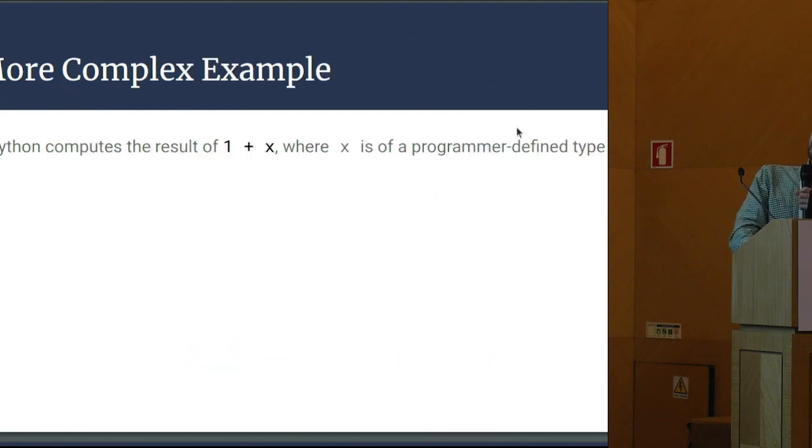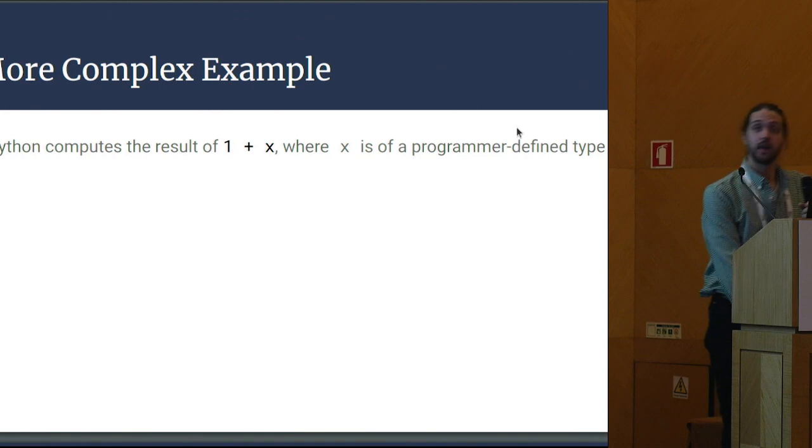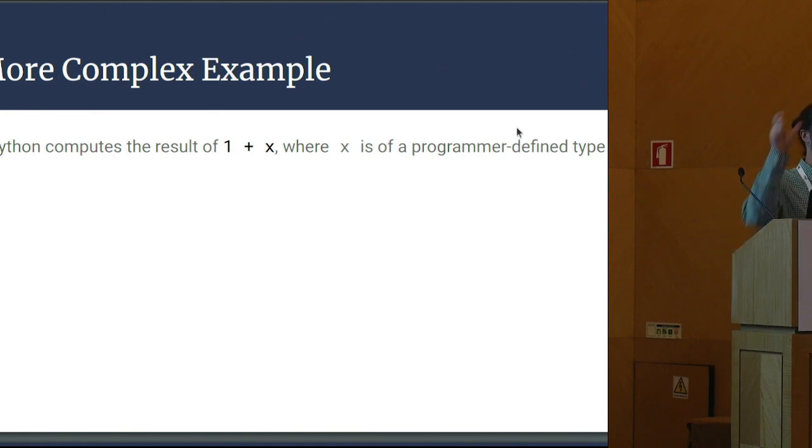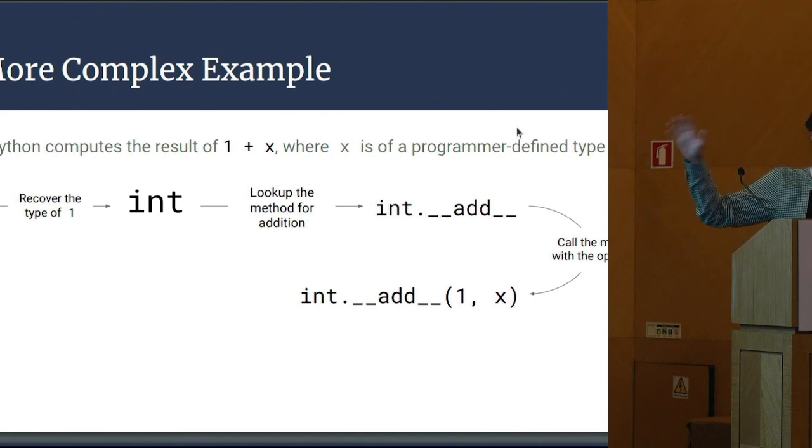So let's see what happens if we have a more complex example. We have the same expression, but this time x is actually a programmer-defined type with the class keyword. So the same happened at first. We get the type of the left-hand side, then we find the add method, then we call the add method, but then we have a problem because x is a programmer-defined type.